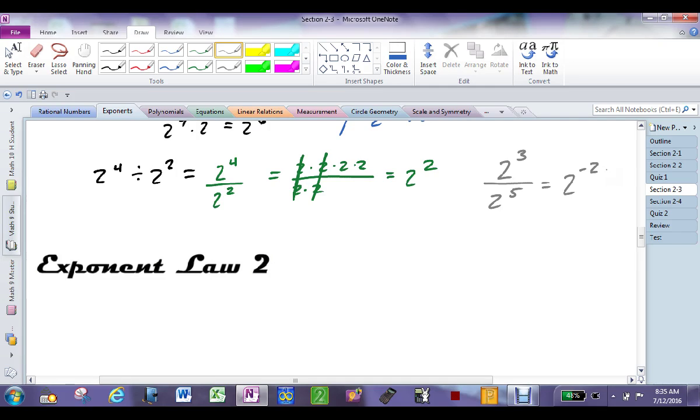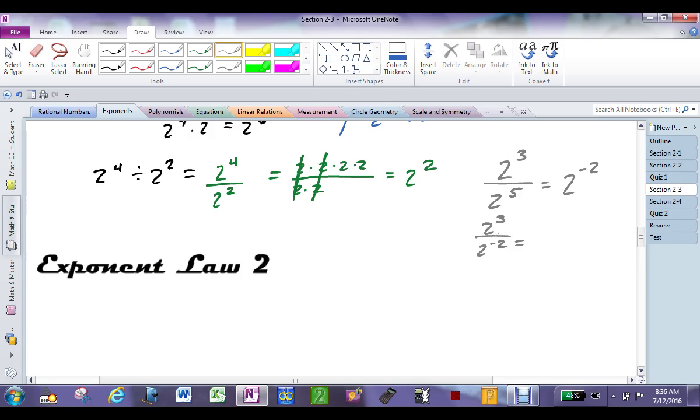The other thing that might get you is this. 2 to the 3rd divided by 2 to the negative 2. Now that you know negative exponents exist, what would you do here? Subtract it. What's 3 minus negative 2? Wow.